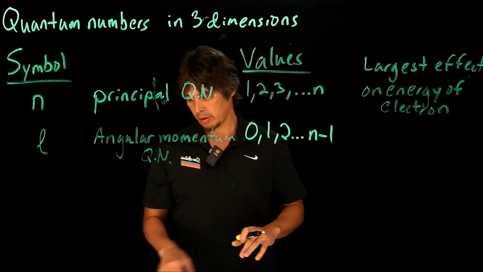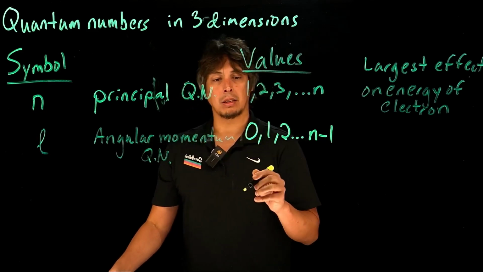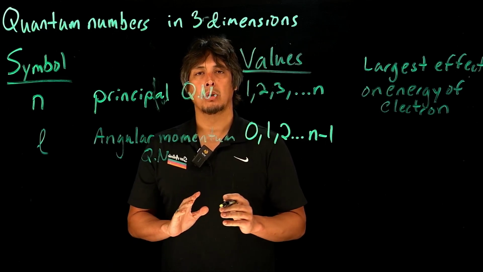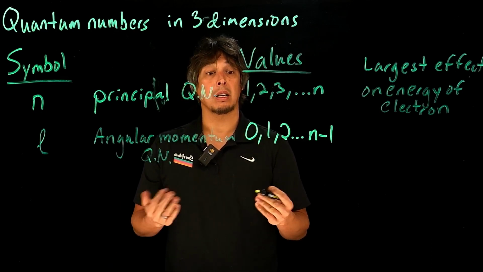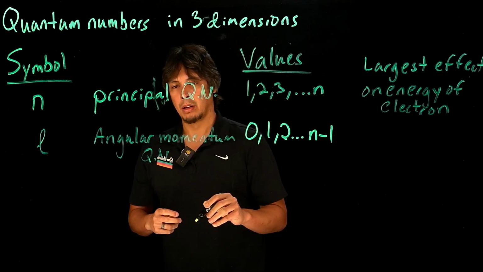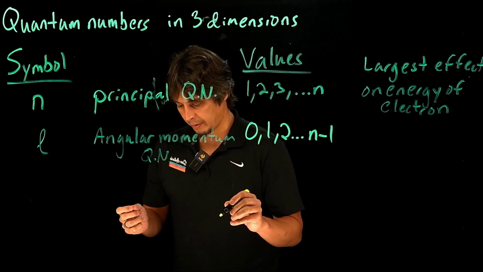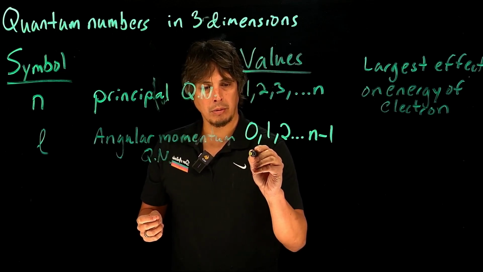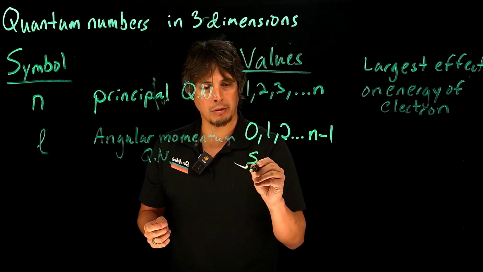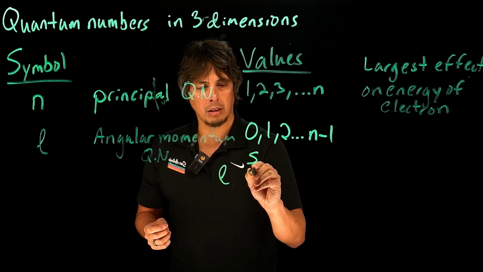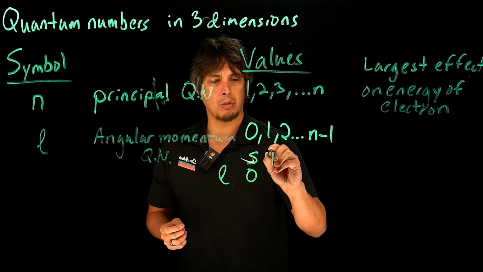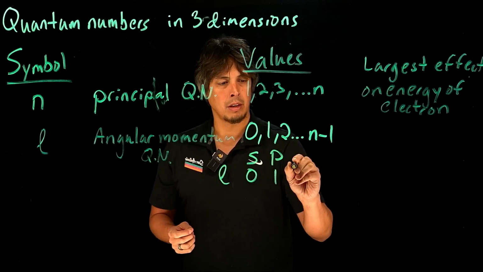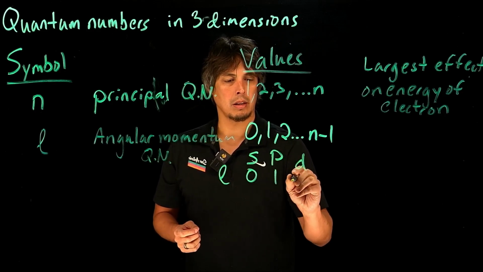This actually relates to the atomic orbitals, which we'll review again very soon, where for an s orbital, l is equal to 0. For a p orbital, l is equal to 1. For a d orbital, l is equal to 2.